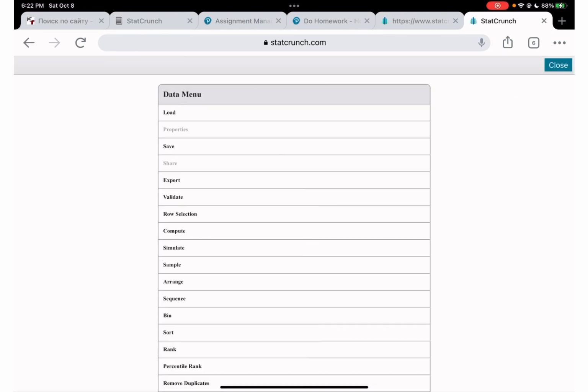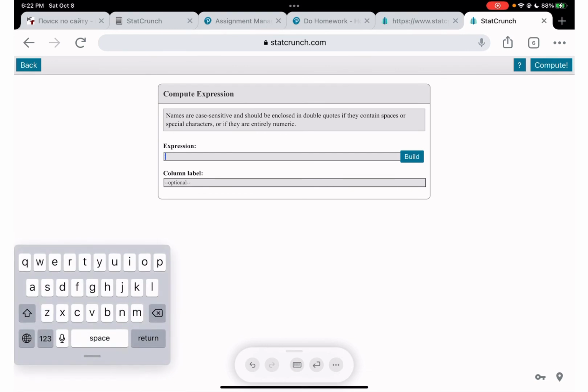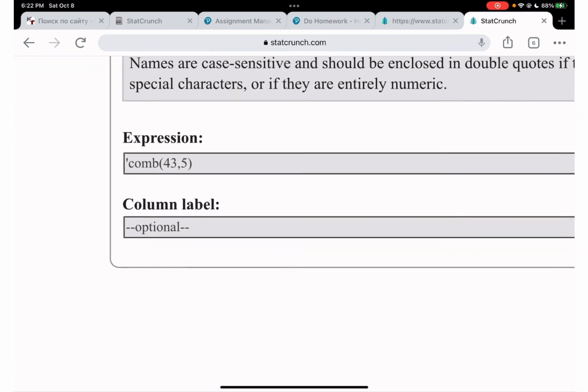Let me put it here. Compute, it's going to be combination (43, 5). Compute. Again error. What is wrong?